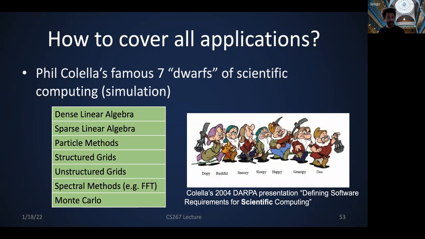And he identified 7 things: dense and sparse linear algebra, particle methods, structured and unstructured grids, spectral methods, and Monte Carlo simulations. And we're going to cover everything except Monte Carlo, I believe, in this class. And we no longer use the word dwarfs for various political reasons. But that was the historical thing. If you need to look for that presentation, you will have to write the exact code in there under the dwarf picture.